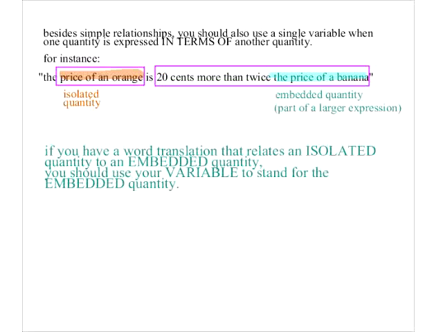So that's the deal there. In this case, you would use the variable to stand for the price of the banana. So x is the price of a banana.